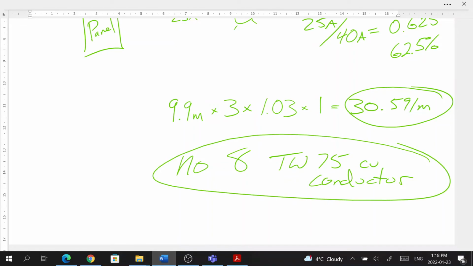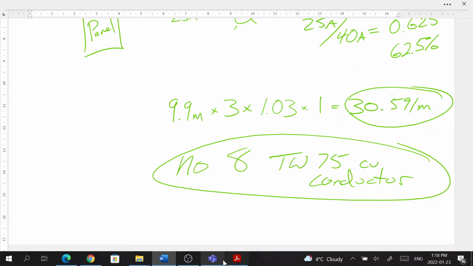If we use number 10, we would exceed that voltage drop on that particular load. So number 8 is the bare minimum that we can use in this particular circumstance to get us 30.591 meters away from the distribution.